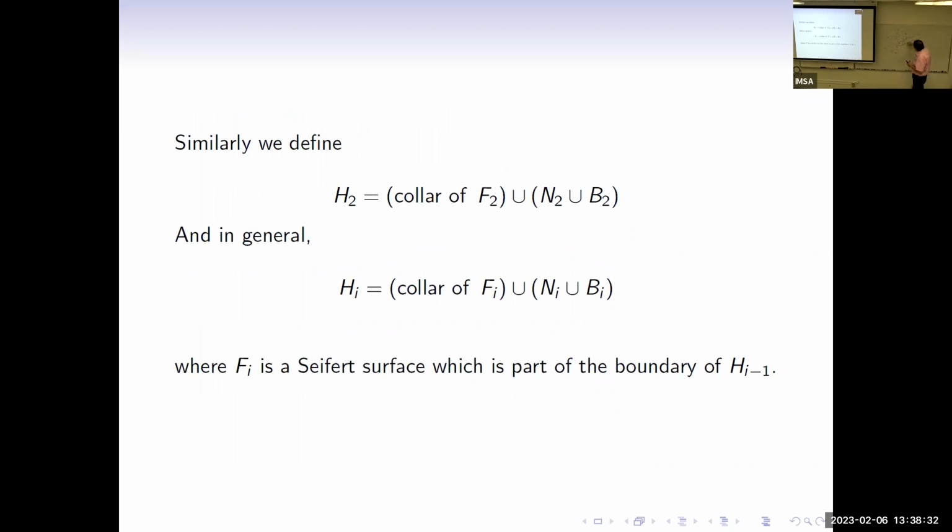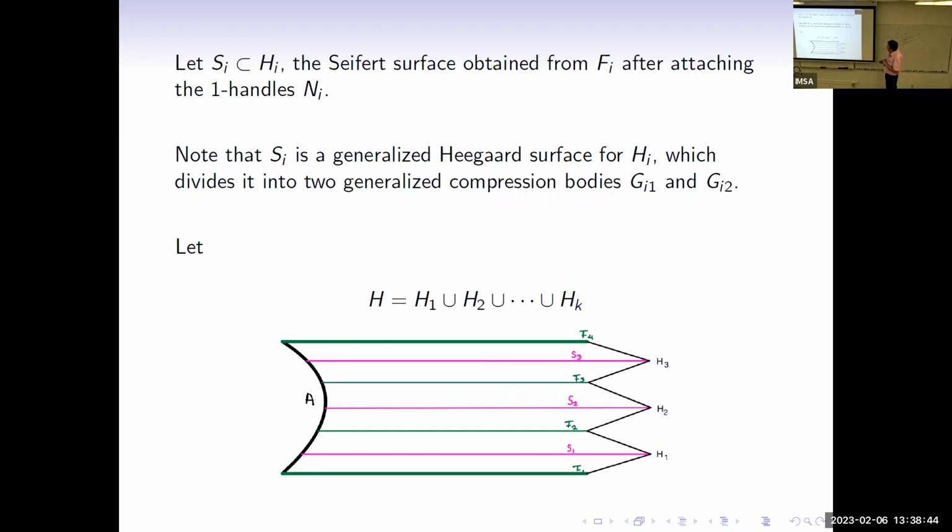We get one manifold in this part and another manifold in this part and another manifold in this part. But following this way we get a decomposition like this. This was obtained by putting here 1-handles and then 2-handles.